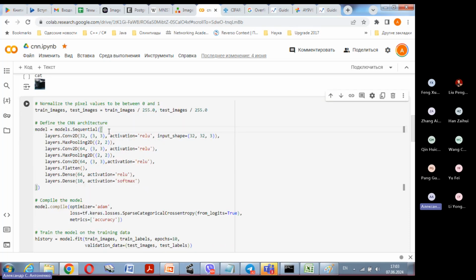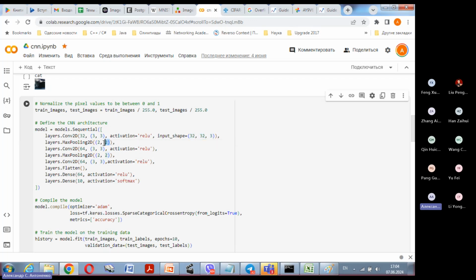Then I create a CNN and define the CNN architecture. I take one convolutional layer, then max pooling, then a convolutional layer, then max pooling, then a convolutional layer. I'm starting from 32 features, and the input shape is 32 by 32 by 3.